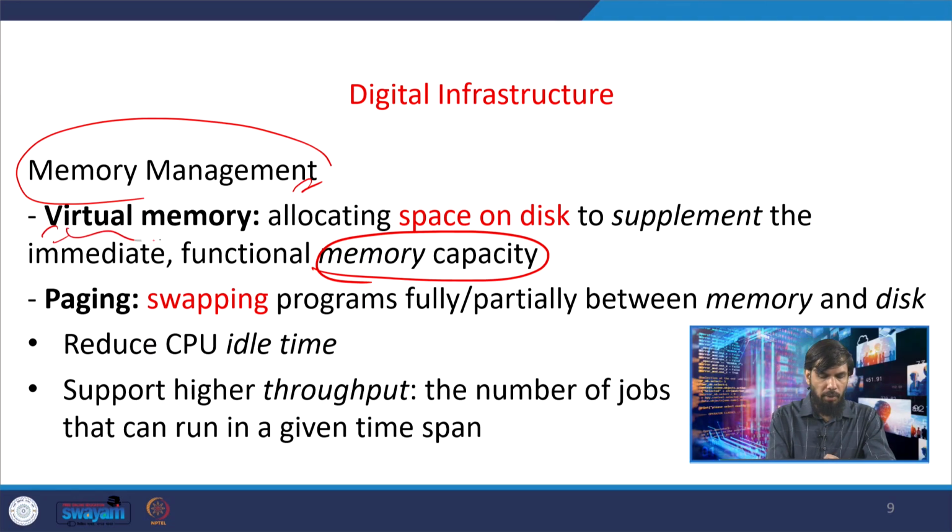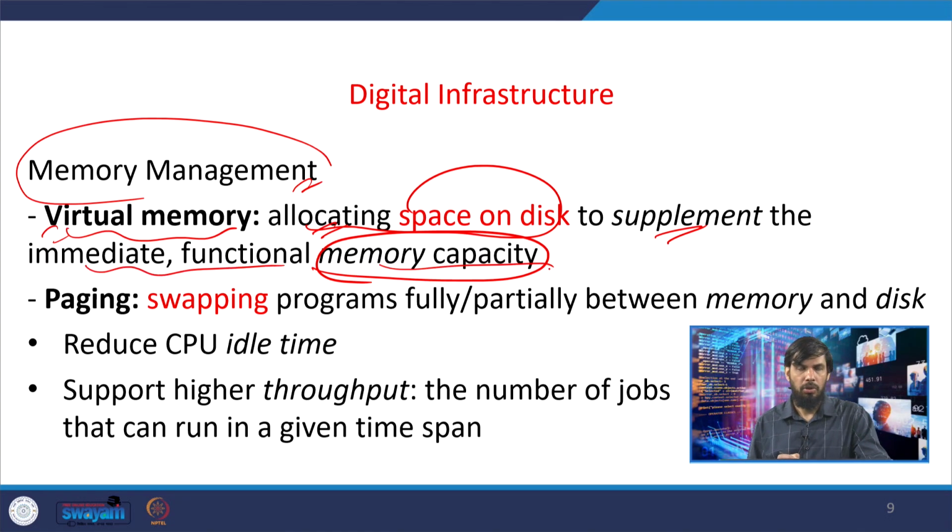So, there is a concept of virtual memory. Space on disk is allocated to supplement the immediate functional memory capacity. Along with whatever memory capacity is there, virtual memory is used, which is actually a space on a disk. The primary memory is likely to be constrained, because a few applications would already be loaded and running, and if you want to start another application, there might be limited memory, but you can still launch that application if you use virtual memory, that means some space from the disk.